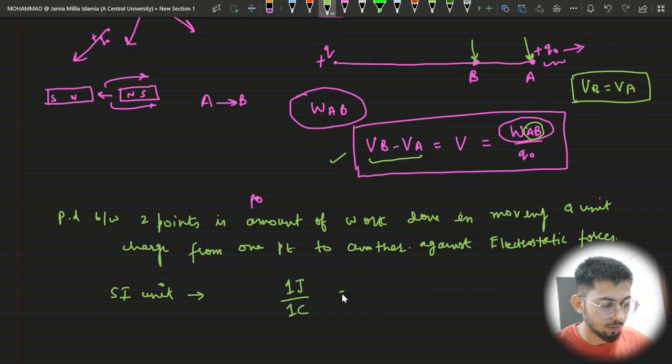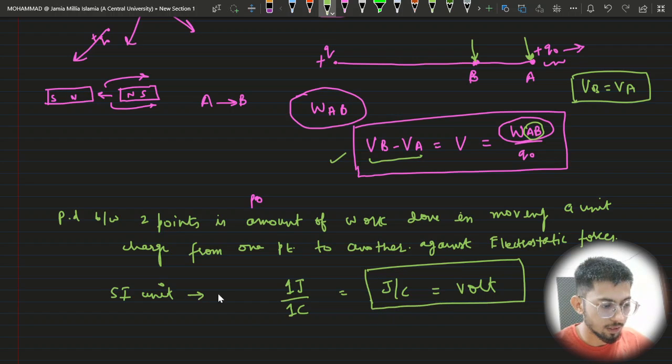So joule per coulomb is the unit of potential difference, and it is given a special name in honor of the scientist, which is called volt. Both of these are correct, although joule per coulomb is seldom used. Volt is the more used SI unit.